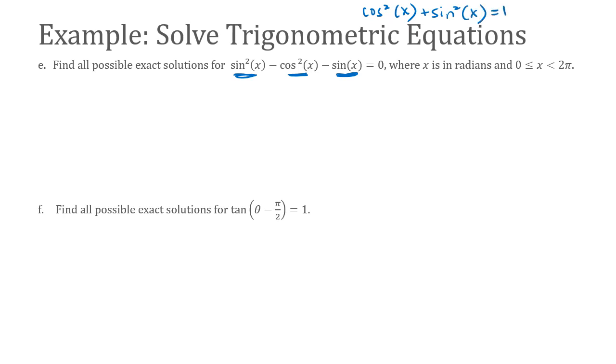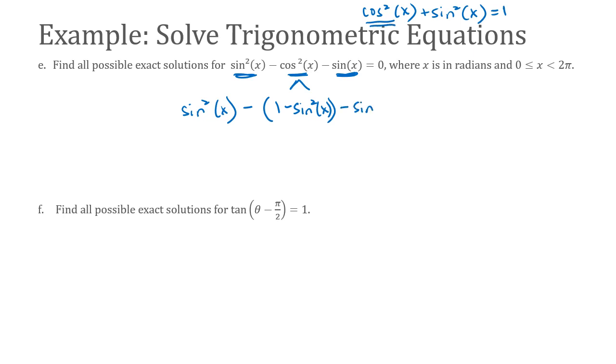So I could solve that Pythagorean identity for cosine squared x. Let me just go ahead and write what's on the left and the right. So I'd have sine squared x minus that cosine squared x, which we're going to call 1 minus sine squared x, minus the sine of x equals 0. And again, that's coming from solving the Pythagorean identity for cosine squared x.